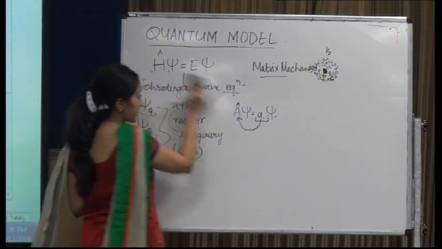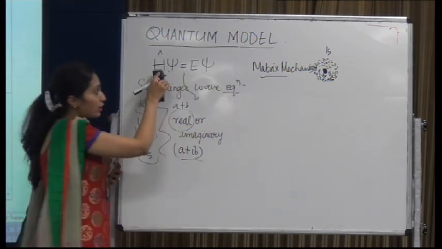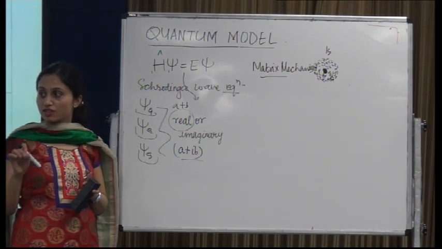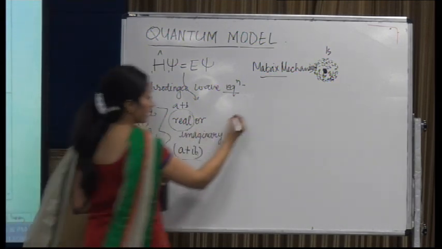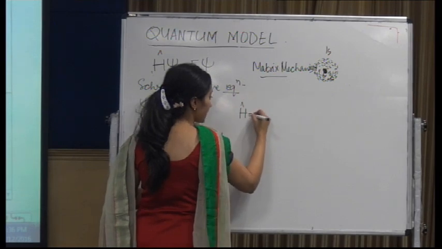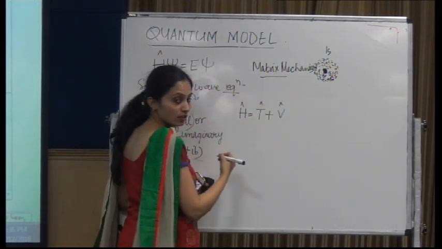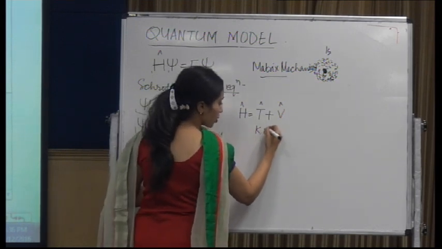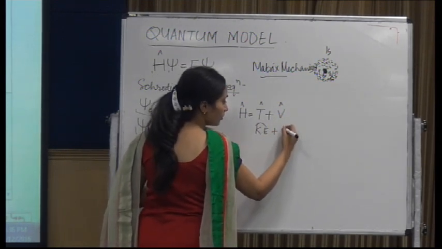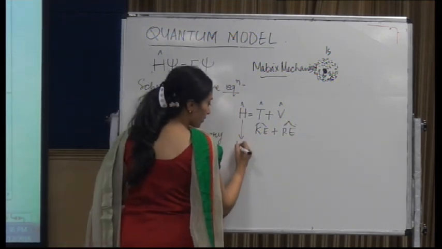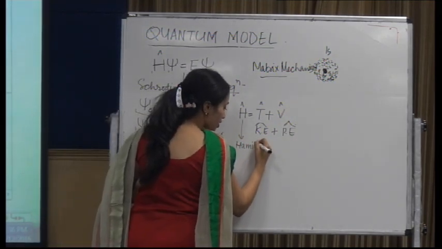So in this case this is your Hamiltonian operator. Your Hamiltonian operator is the energy operator. Energy operator means that it contains in itself the kinetic energy plus potential energy, which can also be written as the kinetic energy operator plus the potential energy operator, the way you want to write it. This Hamiltonian operator is your energy operator.